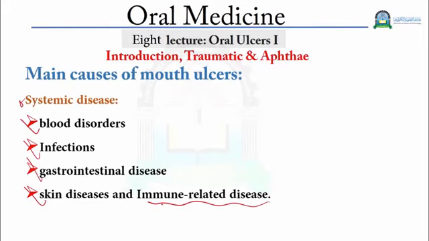These are the systemic conditions which are manifested in the oral cavity as ulcers. So there is no ulcer due to a local cause; there is an ulcer due to a systemic disease, so it is an oral manifestation of systemic disease.